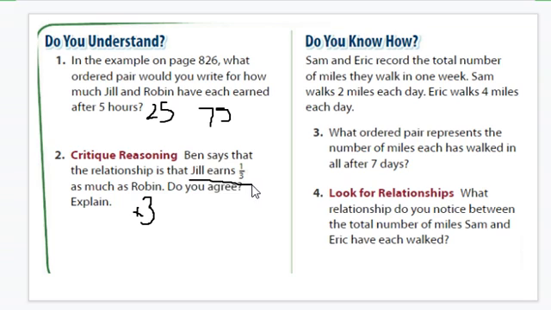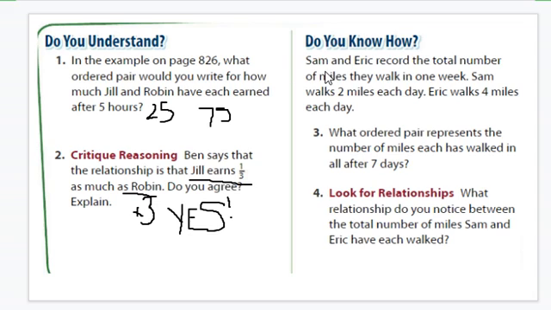So is Jill earning 1/3 as much as Robin? Yes, because that is saying that Robin earns 3 times more than Jill, and Jill earns 1/3 as much as Robin. Because remember, a fraction is like dividing. That part might confuse some of you. If you need help on this, let me know.